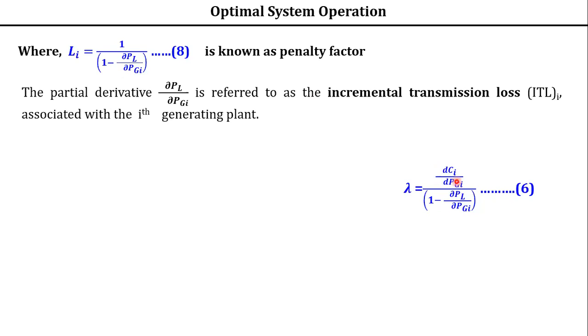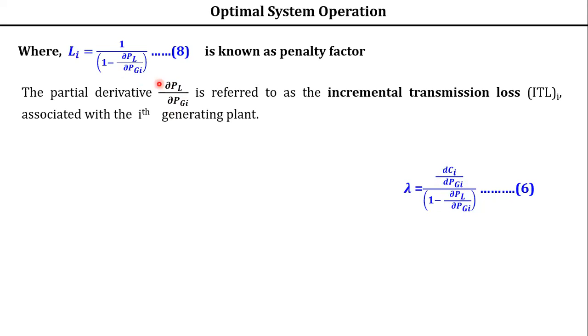That means if you are increasing the generation by 1 unit, what is the change in cost? That is known as your incremental fuel cost. Now ∂PL/∂PGi is your incremental transmission loss. That means if you are increasing the generation by 1 unit, what is the corresponding loss that is going to occur?